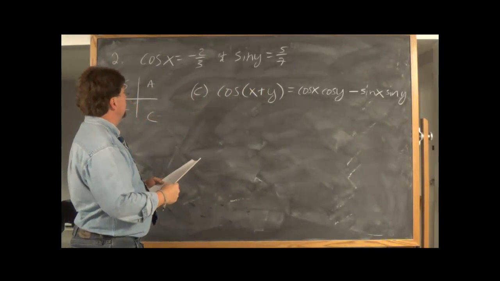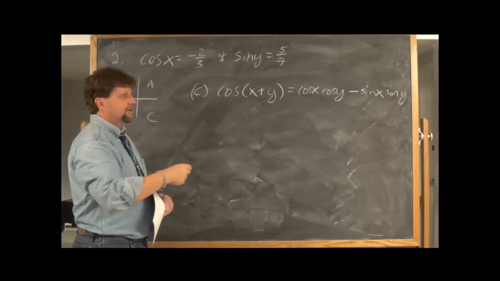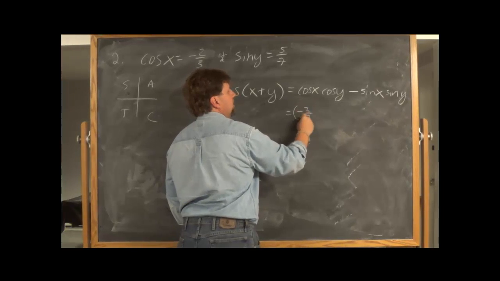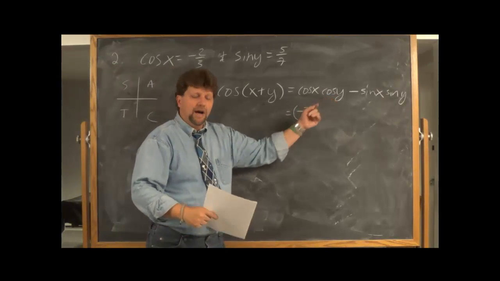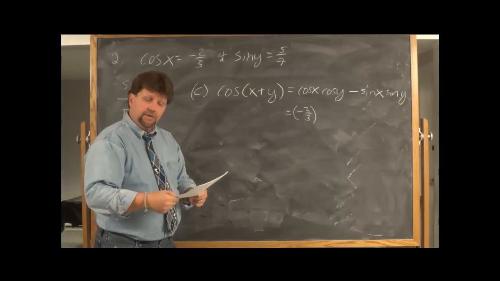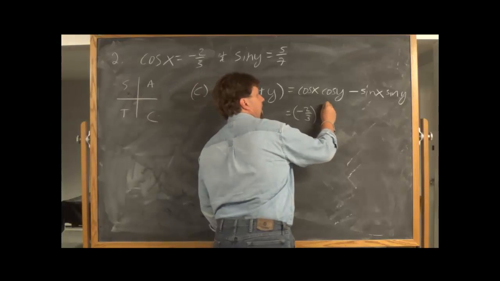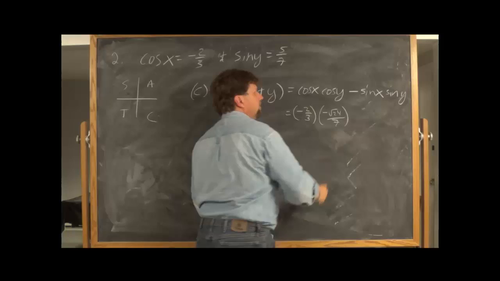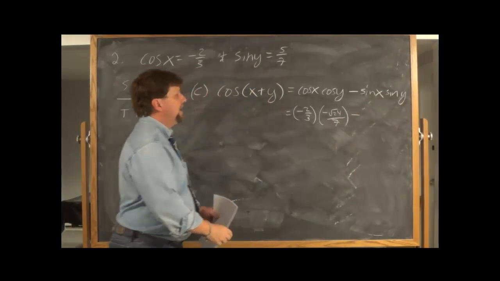And let's see, cosine x. We were given cosine x as negative 2/3. So we can just substitute negative 2/3. And for the cosine of y, we found cosine of y in part B, and we determined that the cosine of y was negative square root 24 over 7, minus sine of x.